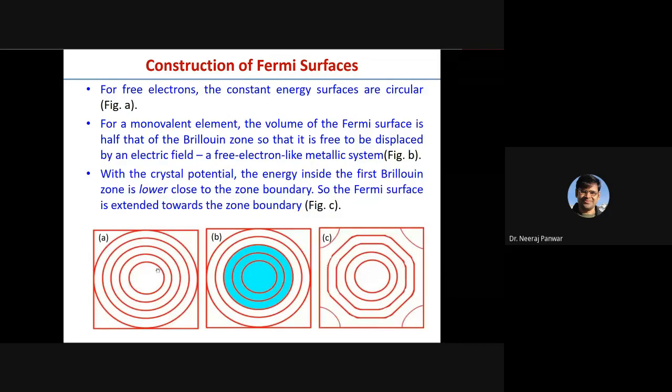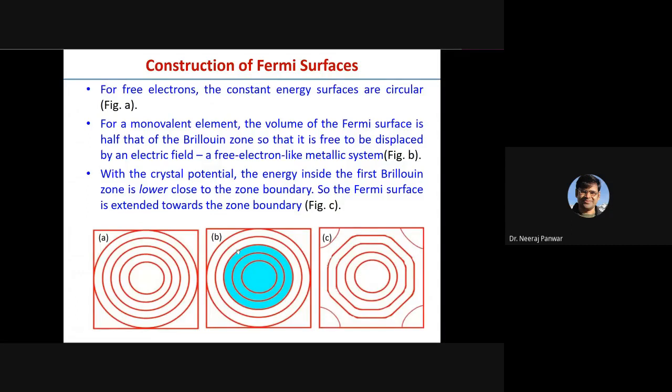Depending upon how far this Fermi surface is from the Brillouin zone boundary, its interaction with the boundary will affect the shape. So this shape will be distorted.